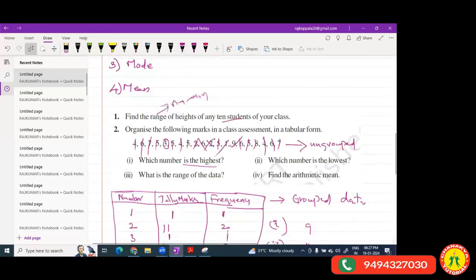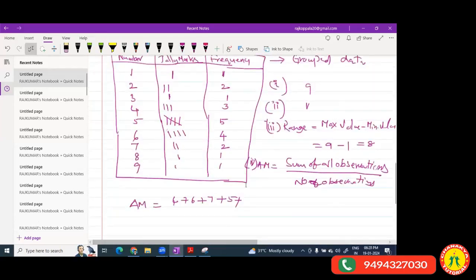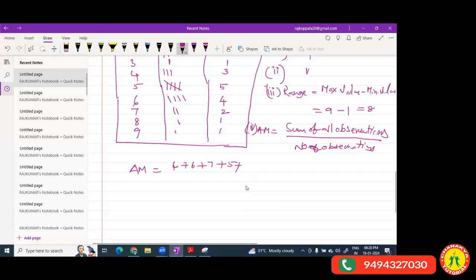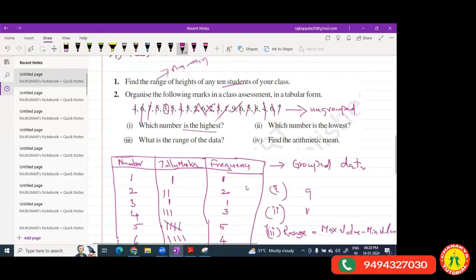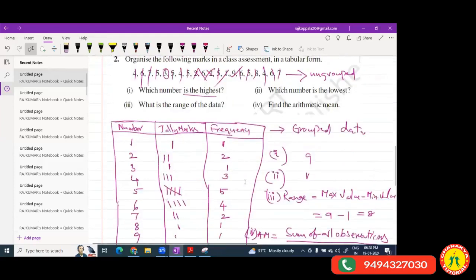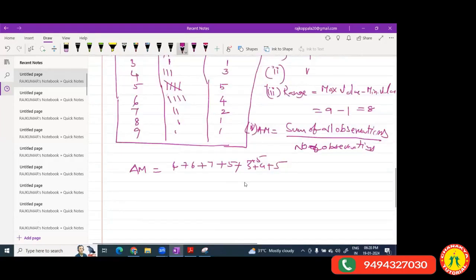Up to where we have written: 4 plus 5, 3 plus 5, 3 plus 4 plus 5, 3 plus 5 plus 4 plus 5. After that, 2 plus 2 plus 6 plus 2.